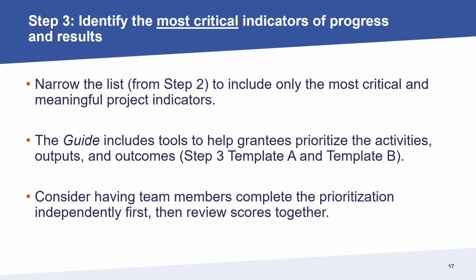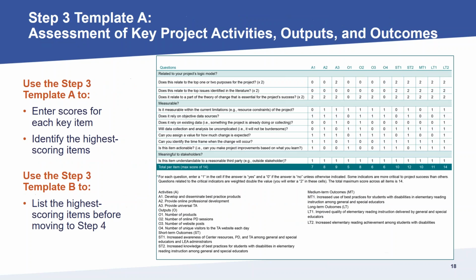In Step 3, you will narrow the list from Step 2 to include only the most critical and meaningful project indicators. The guide includes tools to help you prioritize the activities, outputs, and outcomes. See Step 3 Template A and Step 3 Template B. Consider having team members complete the prioritization independently first, then review the scores together.